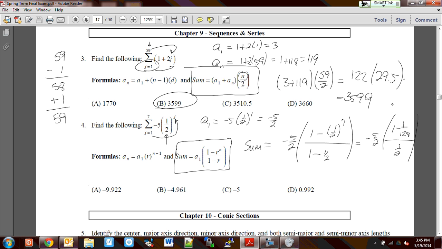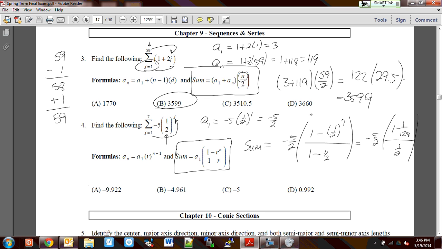Now I'm just simply going to use the calculator. Negative 5/2, open parentheses, 1 minus 1 over 128 over 1/2.